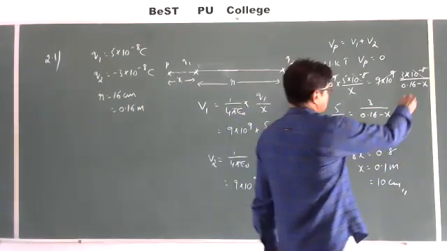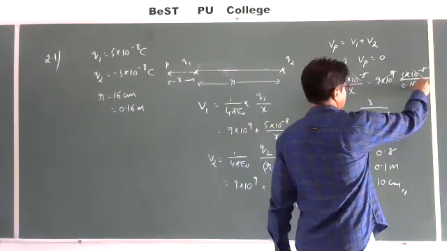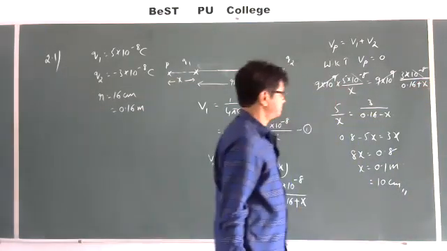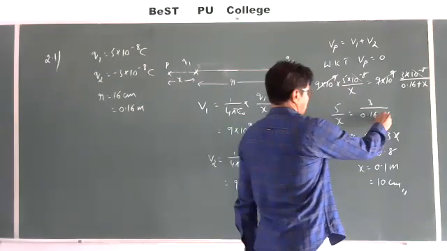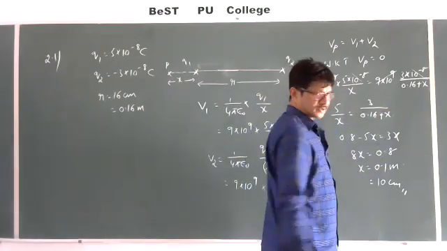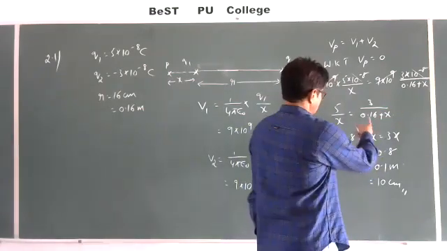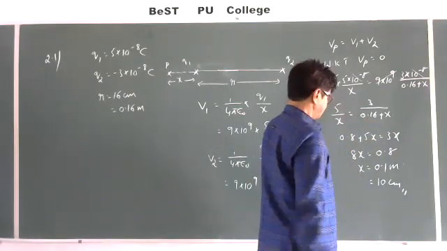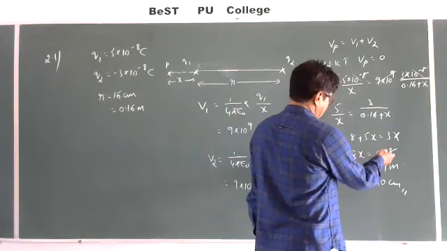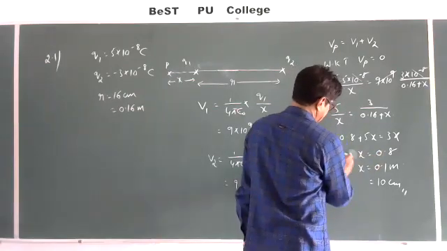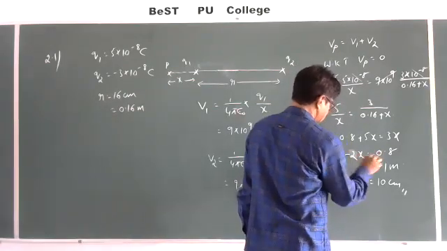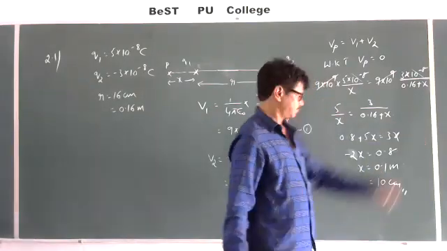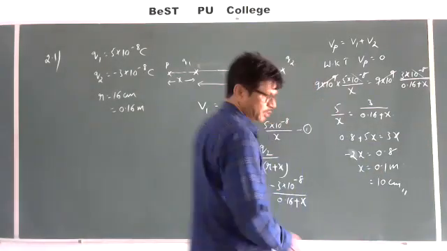Here is also 0.16 plus x. 0.16 plus x. 0.8 plus 5x. 0.8 minus 2x.